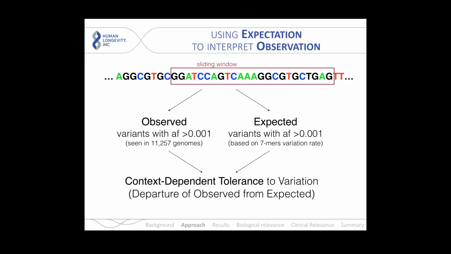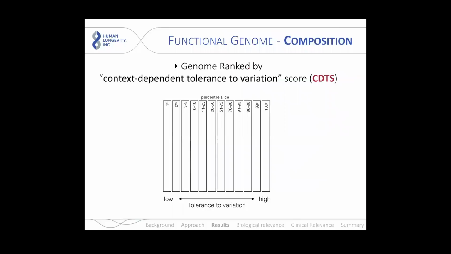So if we add up the probability of variation of each one of those nucleotides, given their sequence context, then we get the total expectation of variation for this given window. If we subtract the expectation from the observation, we then obtain what we call the context-dependent tolerance to variation score. And this is what we're going to use as a metric to identify functional parts of the genome. So here, once we've gone through the whole genome, we rank the genome according to this context-dependent tolerance to variation score, which we will call CDTS.